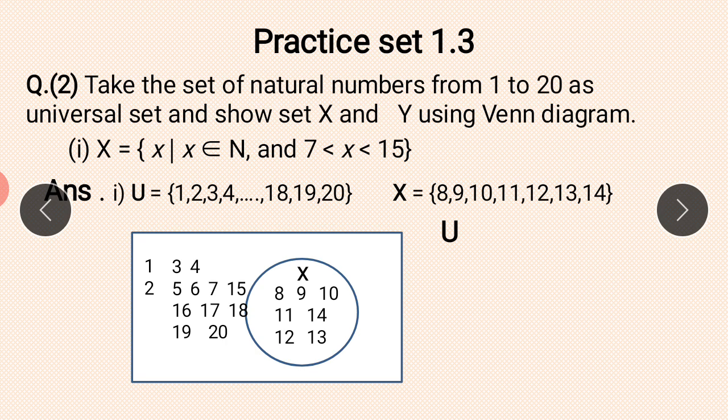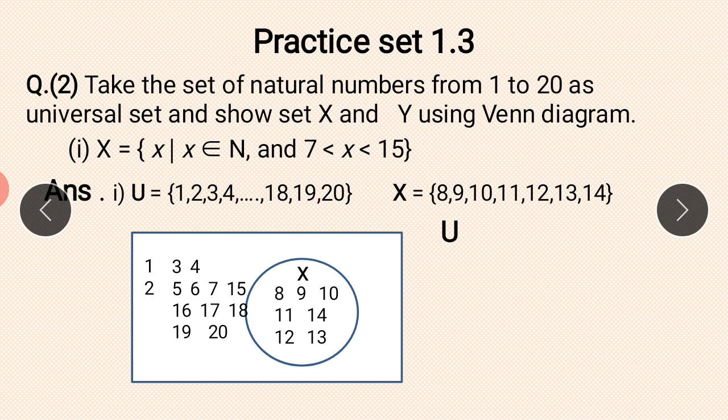Okay. Now see practice set 1.3. Question number 2. Take the set of natural numbers from 1 to 20 as universal set and show sets X and Y using Venn diagram.